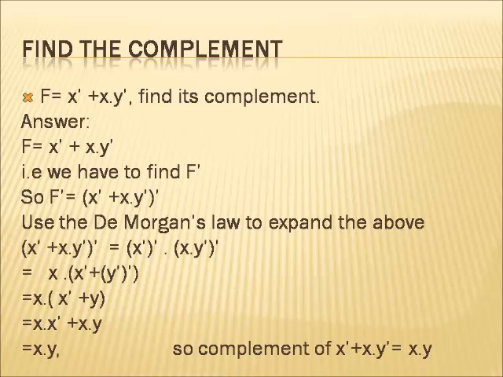So we can write it as x dot x bar plus y. When we expand that again, that is x into x bar plus x dot y. So we know that x into x bar is equal to 0. So we can write it as x dot y, which is the complement of the given expression.